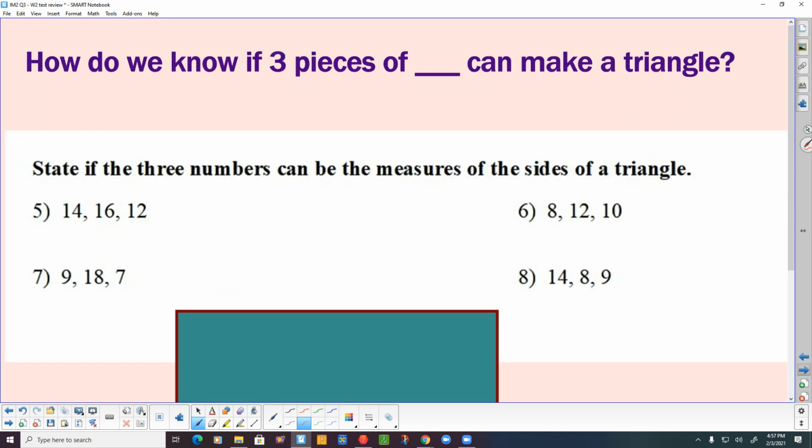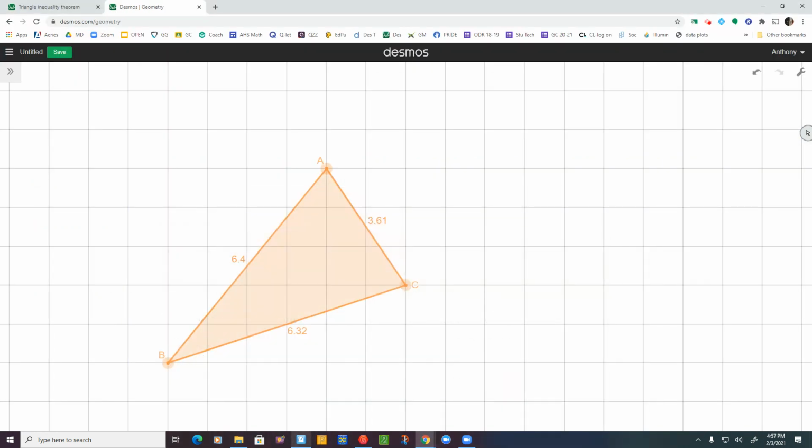The last thing on our list was, how do we know if 3 pieces of something can make a triangle? Well, I'm going to go to this Desmos activity. I've got a triangle on the screen. Let's see if I move things around. Okay. I have 3 sides. I've got a 6, I've got a 5, and I got a 3.61.